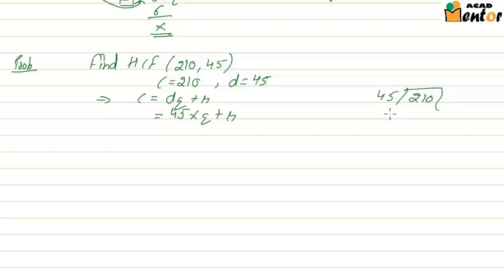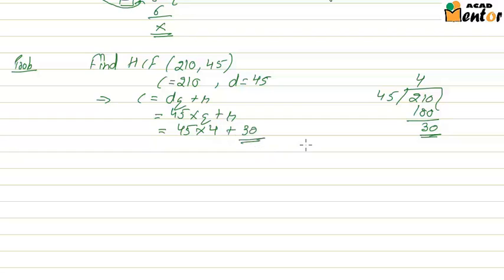So I see 45 multiplied by 4 is 180 and 45 multiplied by 5 is 225, which is greater than 210. So 45 multiplied by 4, 180, 30 would be the remainder. So 210 becomes 45 multiplied by 4 plus a remainder of 30.